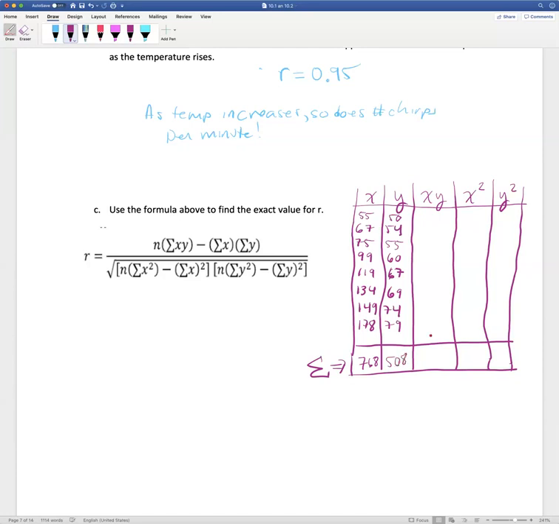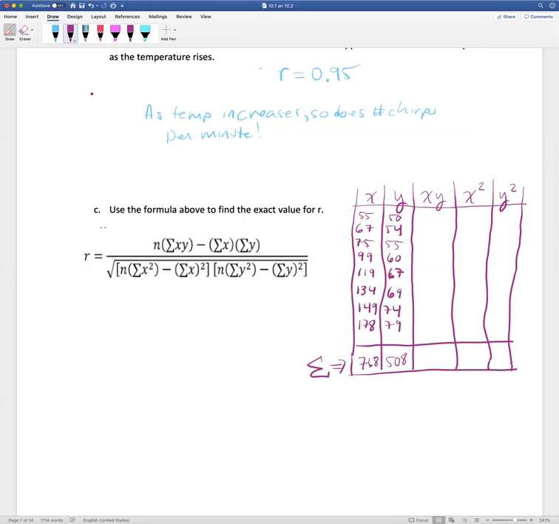And give me a second, I'm just going to double check my work here. I want to make sure I don't make any computational errors. Oh, okay, look, the first one, let me double check. So 55, 67, 75, 99, 119, 134, 149, 178, 876. Oh, see, that's why I check.